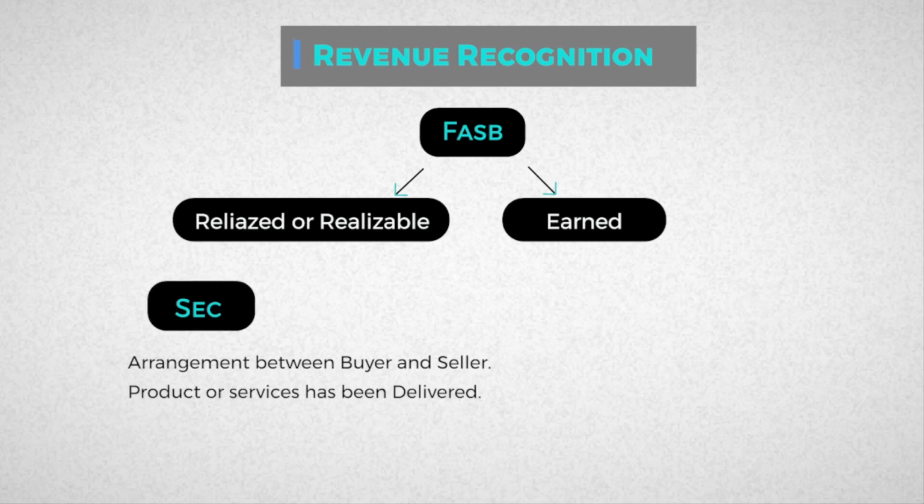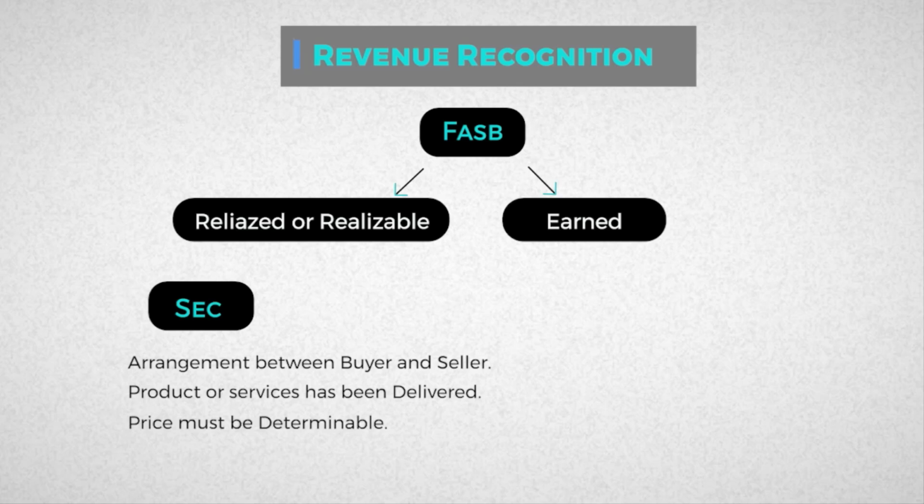Number two is that the product has been delivered or services have been rendered. So if product or services have been delivered or rendered, then you can take this as revenue on your income statement. Number three, the price must be determinable.